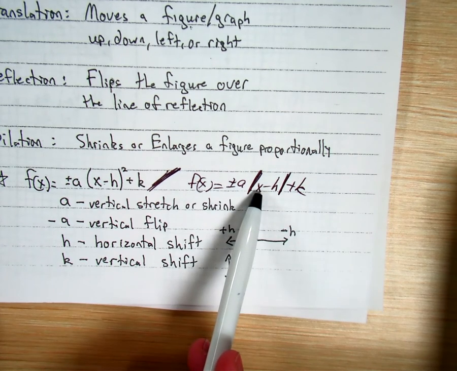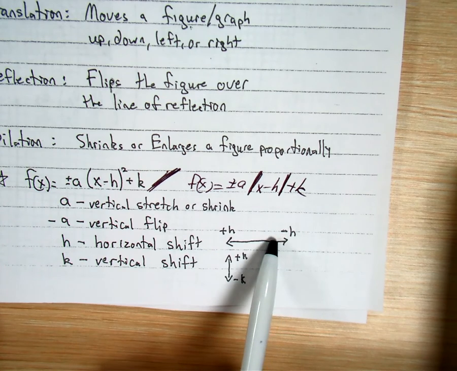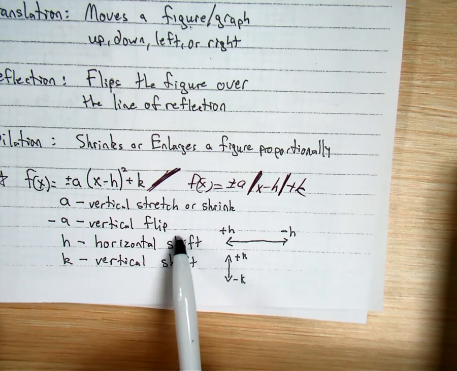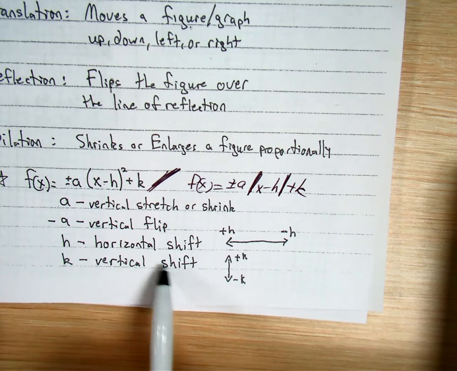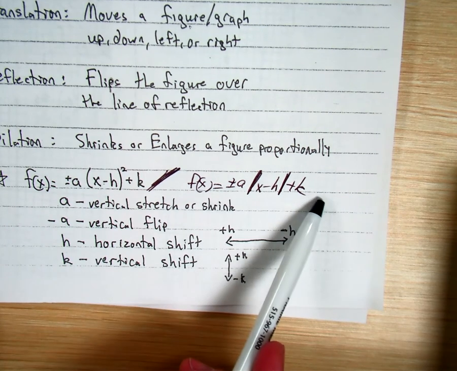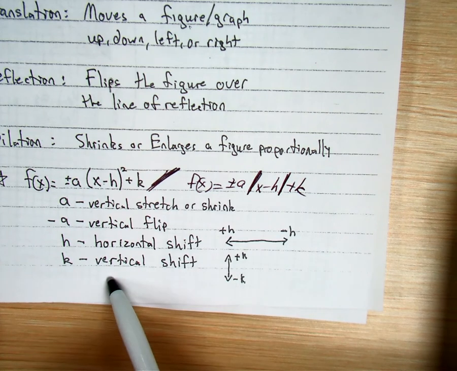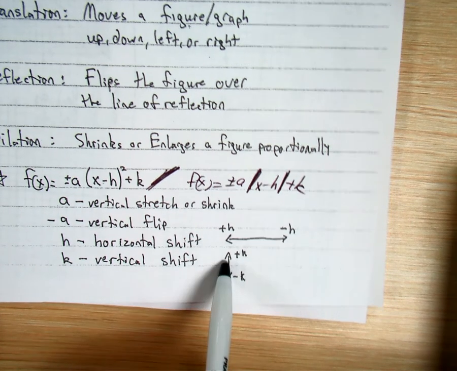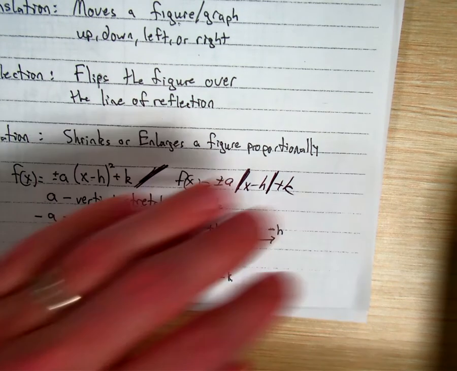Inside parentheses, when you're graphing, it's going to go opposite of what you think. So a minus actually goes to the right, and a plus is going to go to the left. Vertical shifting is any big plus or minus on the outside of the box, and that is the same as what you would think. A plus is going to slide it up, and a minus will slide things down.